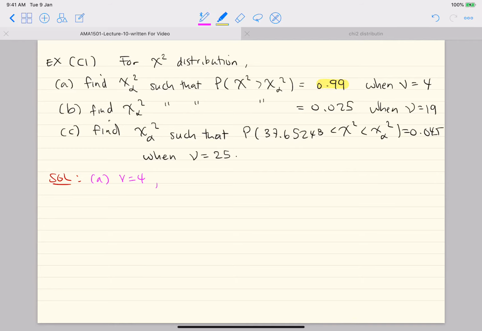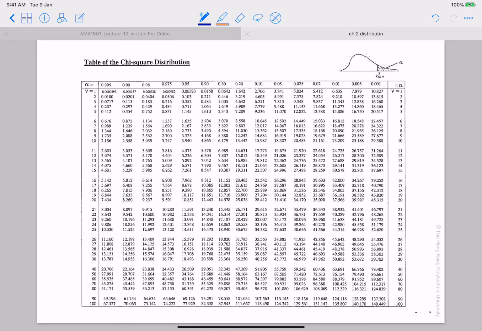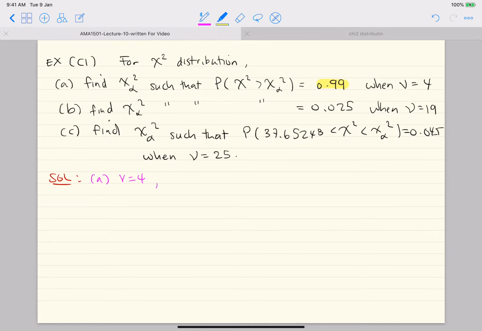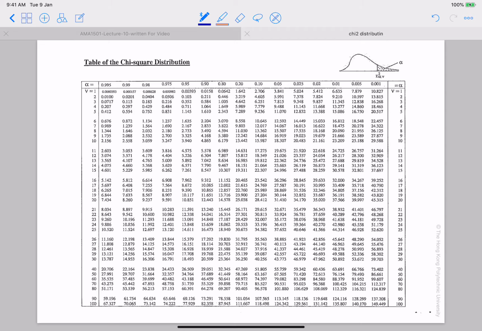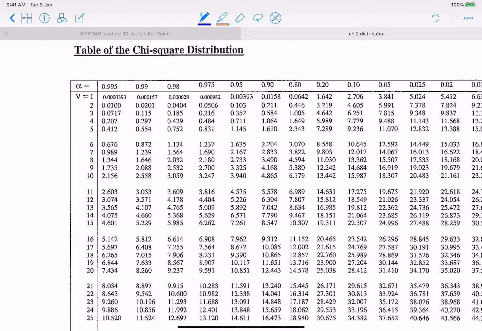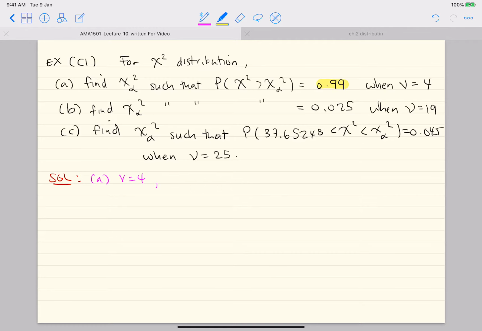So let's look at the chi-square distribution table. Nu is equal to 4, so we find the nu here and go across. On top is the area to the right, so it's 0.99, right?